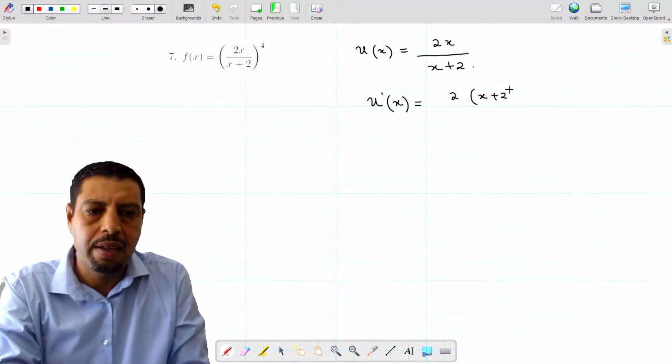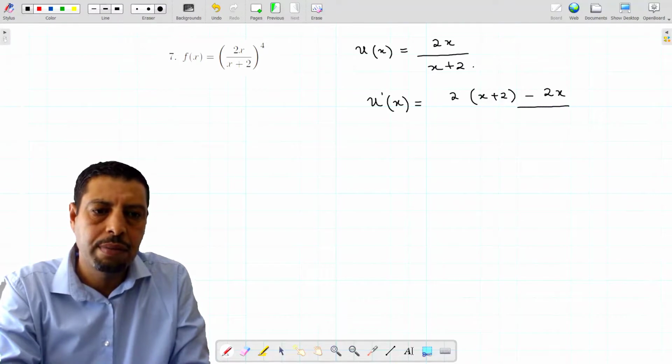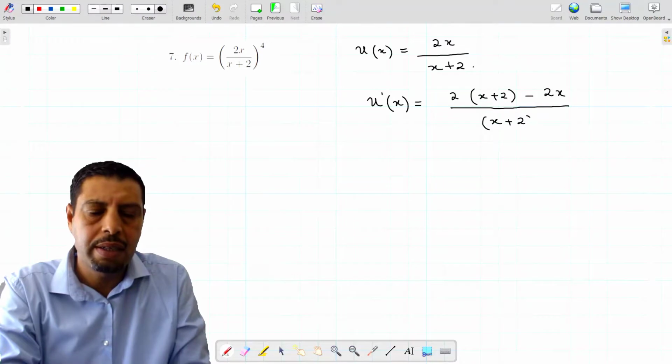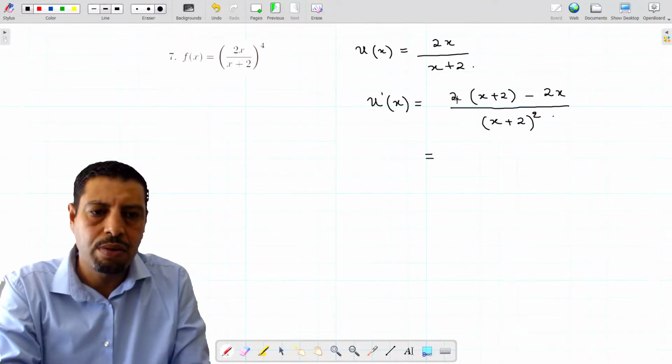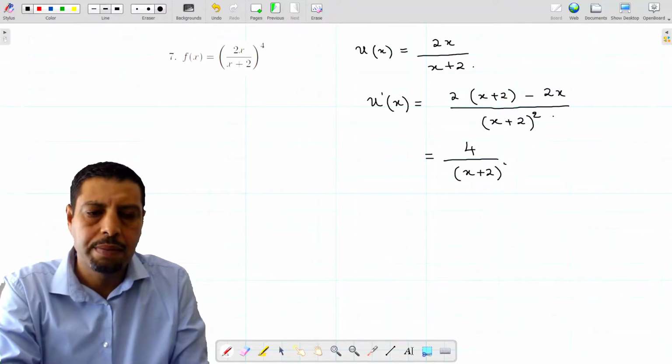We are applying the quotient rule here, minus 2x times the derivative of x plus 2, which is 1, so we will not write it, over (x plus 2) squared. So we can simplify it a bit. So 2x plus 4 minus 2x, which is 4, over (x plus 2) squared.